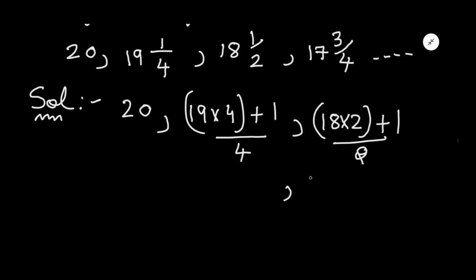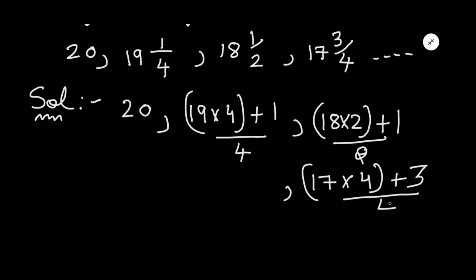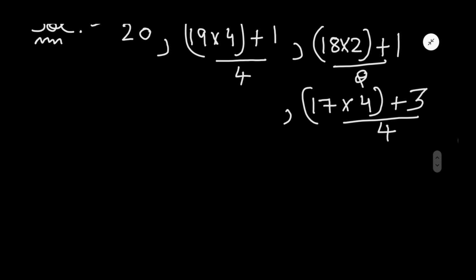And similarly 17 3 by 4 is calculated as 17 into 4 plus 3 upon 4. So our arithmetic progression is 20. So 19 into 4 is 76. 76 plus 1 is 77.